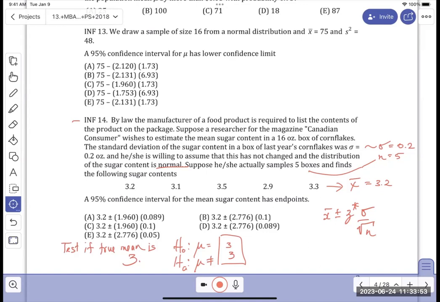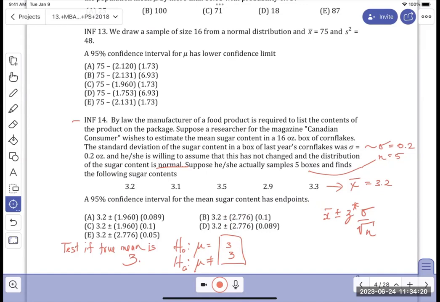If you remember, I taught you last week that for a two-sided test, all you have to do is make the confidence interval and check if 3 is inside. If 3 is inside, then you have no evidence against 3 being the true mean. So find the right answer and then check if 3 is inside.